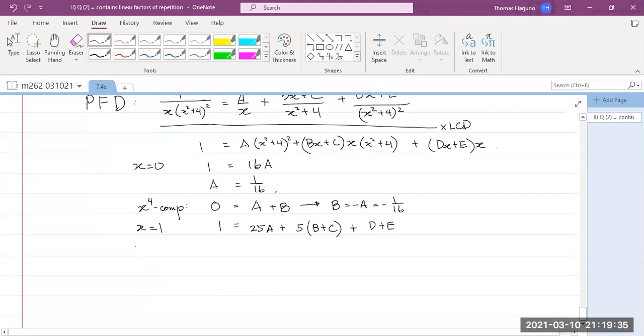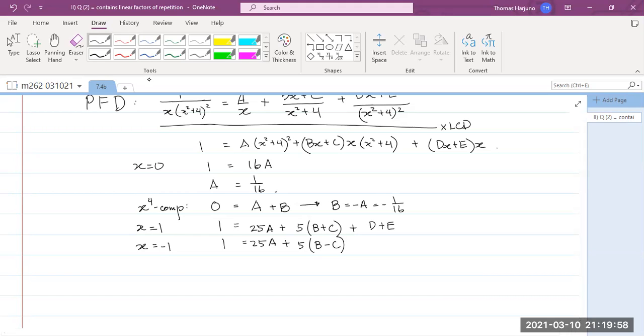When x equals -1, what happened? 1 equals 25a plus. I also have a quick question, Thomas. When x is equal to 0, isn't that 0 on the left side? Not 1?